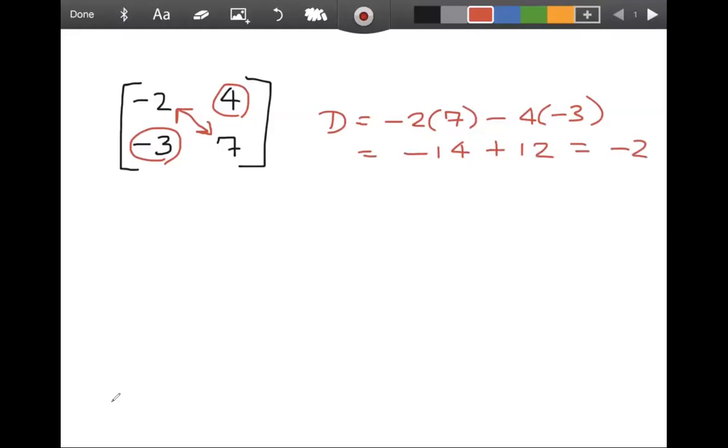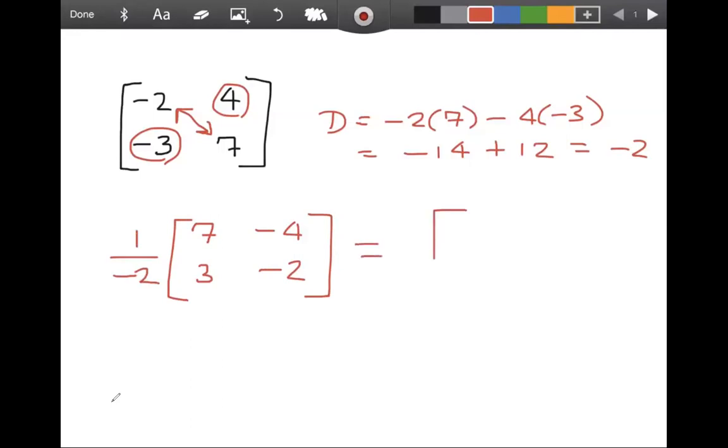After we reverse A and D and we change the signs on B and C, what we get is 7, -2. And then flipping the signs on the other two, we get a -4 and a 3. Now we're going to divide all entries by the determinant. I'll do that like this.